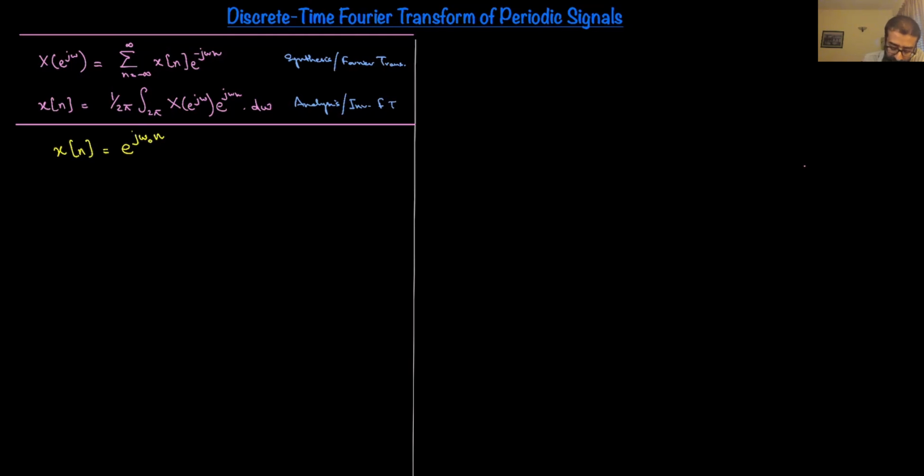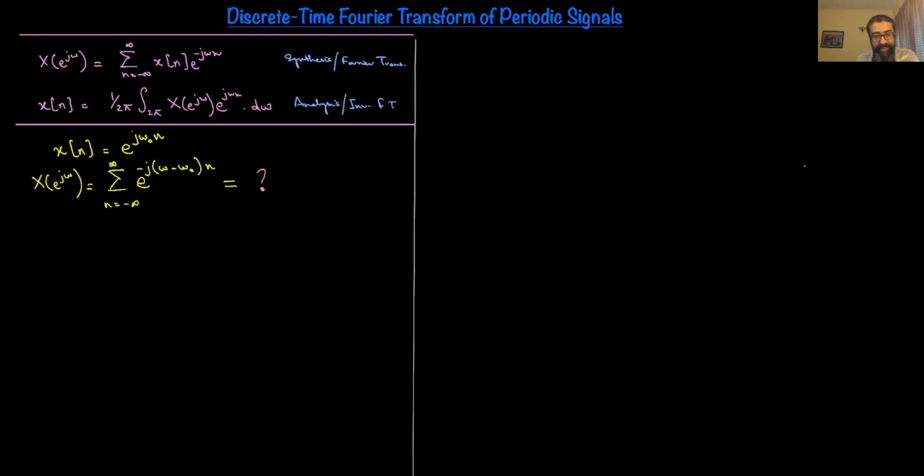Now, if I were to try to compute the Fourier transform using the forward Fourier transform, I run into a bit of a problem. X of e raised to the power j omega is the summation from n equals minus infinity to plus infinity of e raised to the power j omega naught n times e raised to the power minus j omega n. So this is simply e raised to the power minus j times omega minus omega naught, times n, and I run into a problem: what does this infinite summation evaluate to?